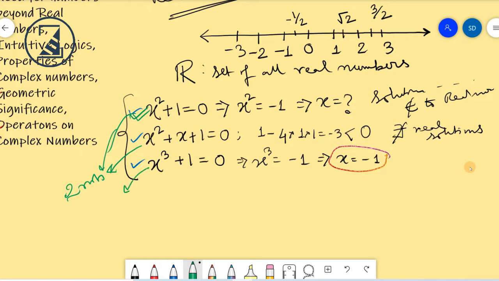Now for this equation there are three roots, and what's common in all these three equations is that two roots are missing. Why are they missing? Because we cannot find any number from the real number set which satisfies these equations.